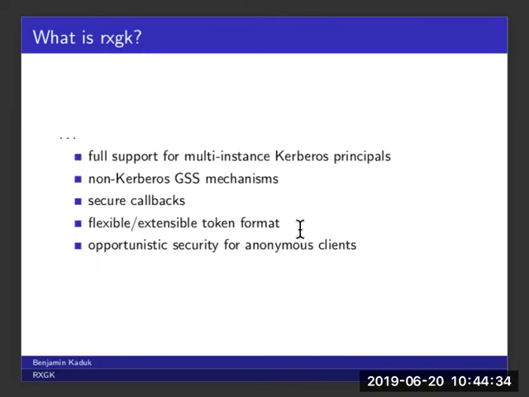I mentioned the non-Kerberos GSS mechanisms on the previous slide. This secure callbacks bullet point is a very short name, but it's a pretty big feature that people have been asking for. Right now, in the current architecture, there's the concept of a callback. When you make a request to a file server, the file server can give you a promise to say, hey, I'll let you know if this data changes. But the way we actually do that signal is basically just a single bit of information.